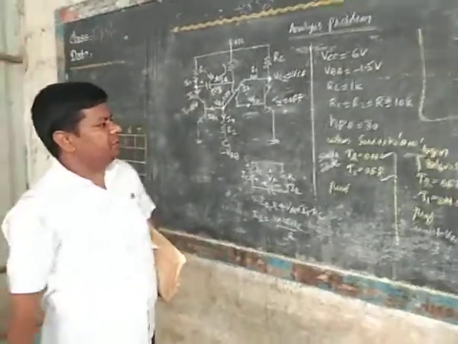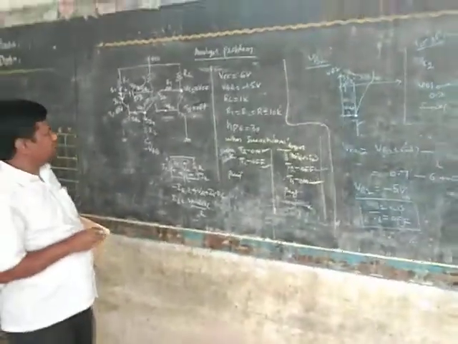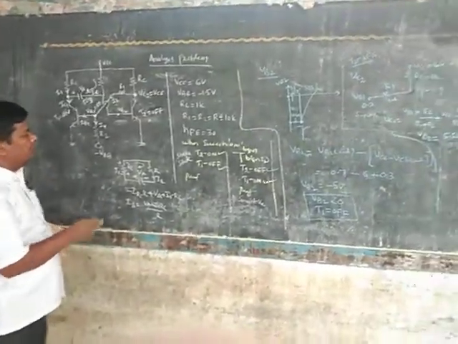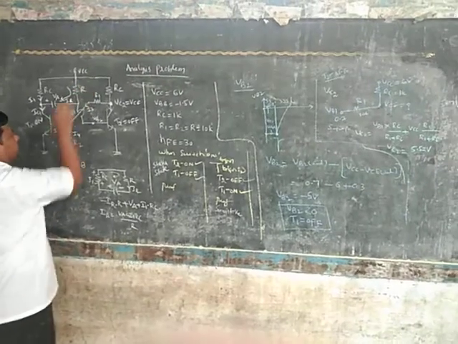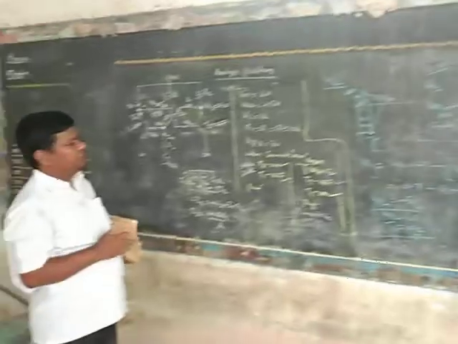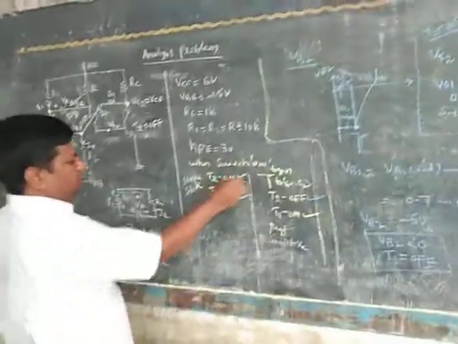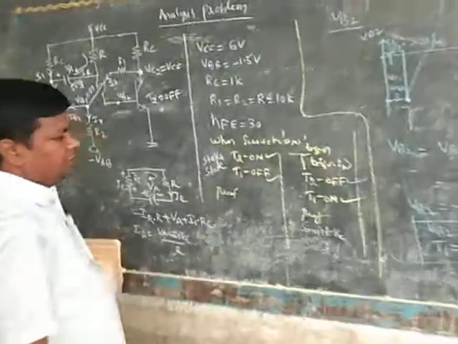This is the analysis problem. In analysis problem, you are given everything: all resistor values, power supply values and also the HFE value. By using some circuit analysis, we have to verify that in stable state, T2 transistor is on, T1 transistor is off.